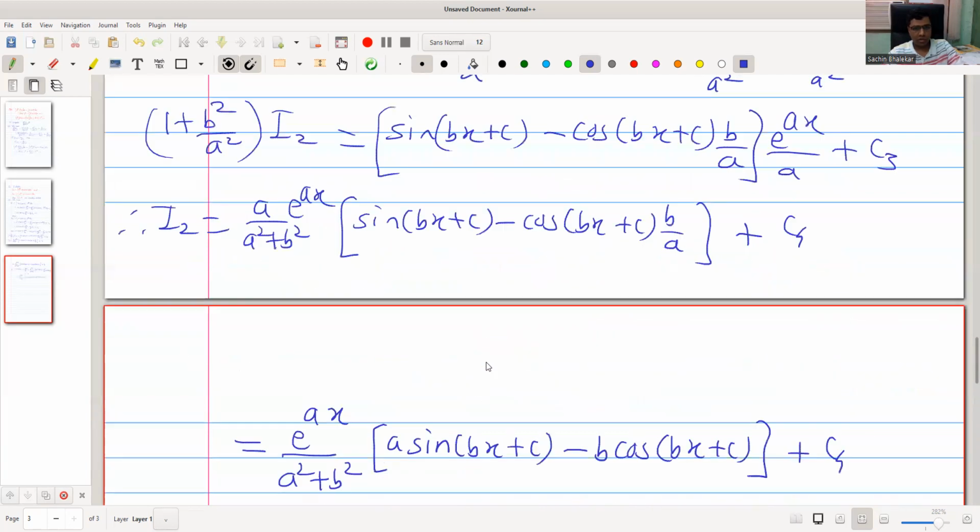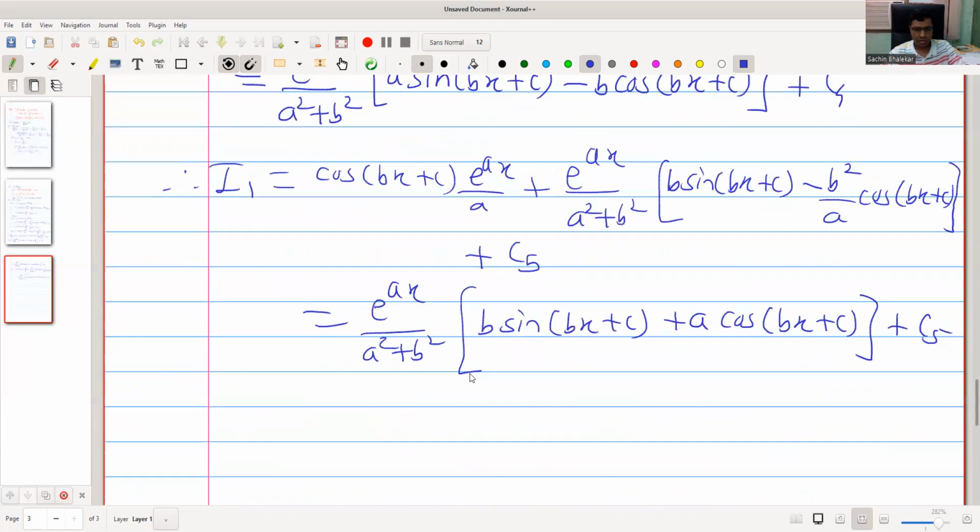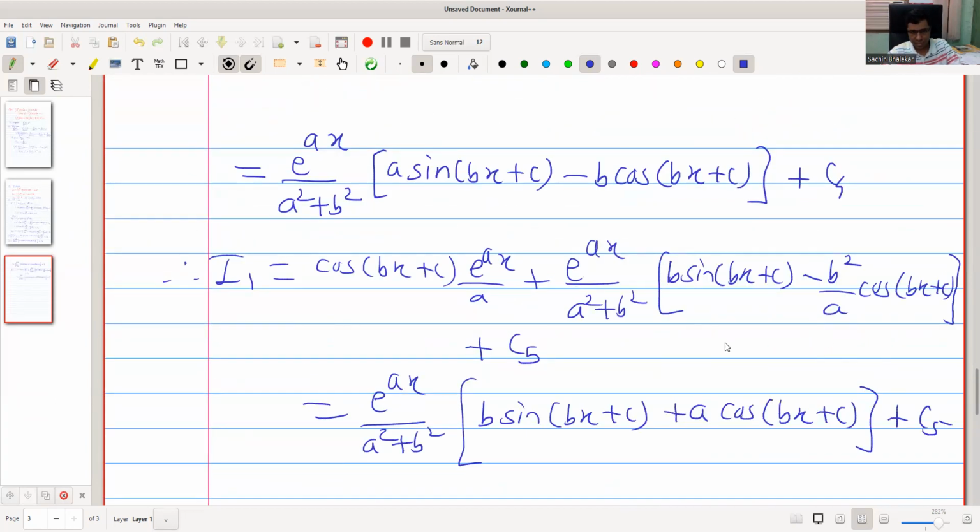So we have the integral of cos(bx + c) into e raised to ax dx is e raised to ax upon a square plus b square into [b sin(bx + c) plus a cos(bx + c)], with some constant. So what is the difference when we have cos?